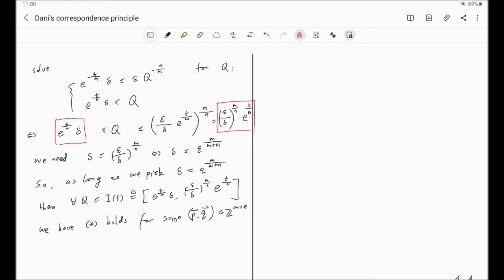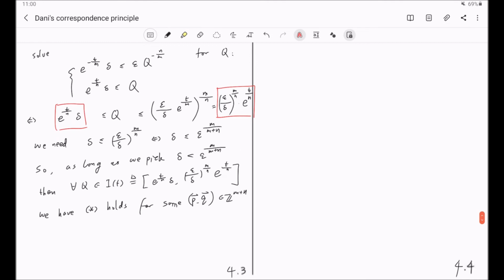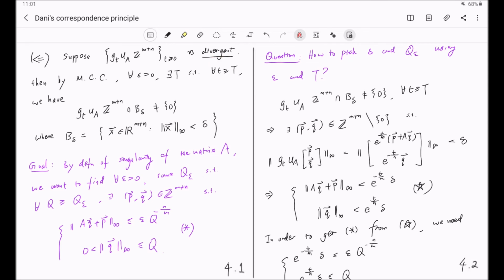As you can imagine, we are going to use the trick we used in the forward direction again. Namely, we want to take the union of such things, t as an integer starting from the ceiling of capital T. Remember, this capital T is guaranteed by our assumption that this trajectory is divergent.